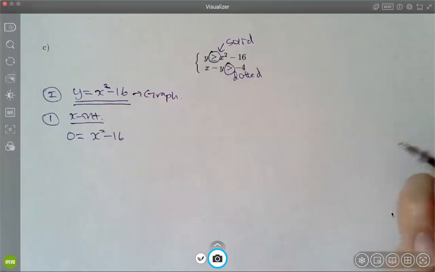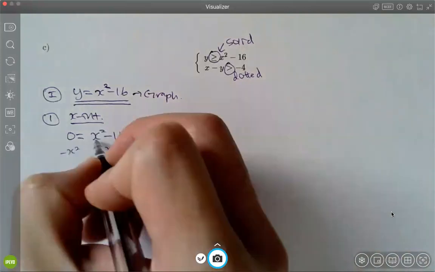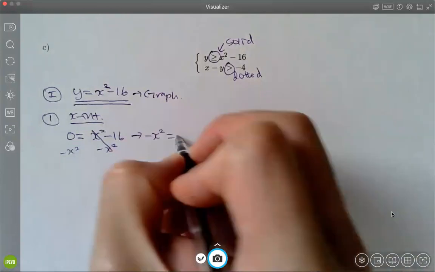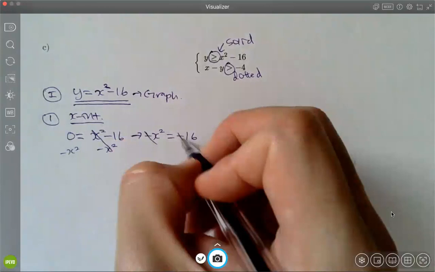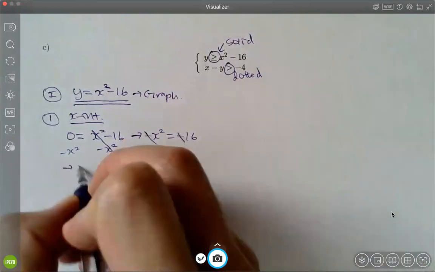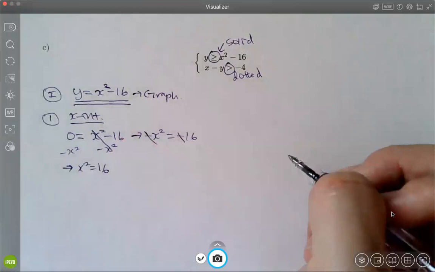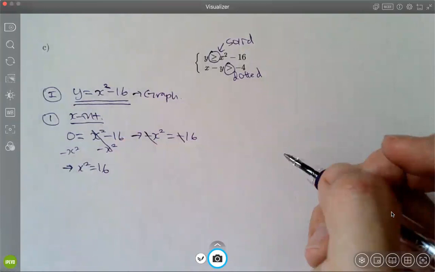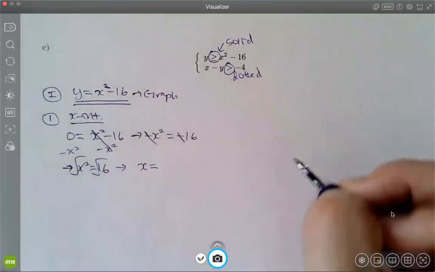Maybe you can subtract x squared. So you get negative x squared equals negative 16. And then cancel the negatives. So x squared equals 16. And now, does it remind you of anything to do next? Take the square root, right? So x is equal to what? 4, right?